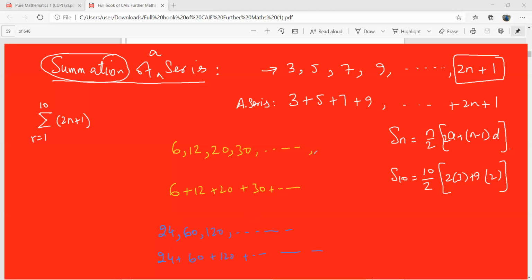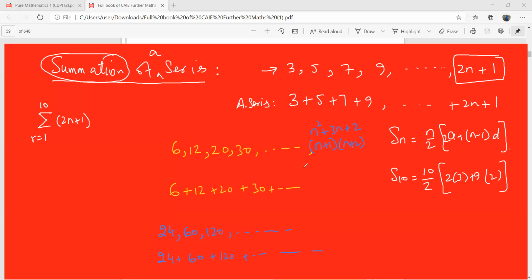Okay, I'm not going to tell you how to find the nth term for this, but you will have to believe me that its nth term is n plus 1 into n plus 2, okay? Or this is going to be n squared plus 3n plus 2.